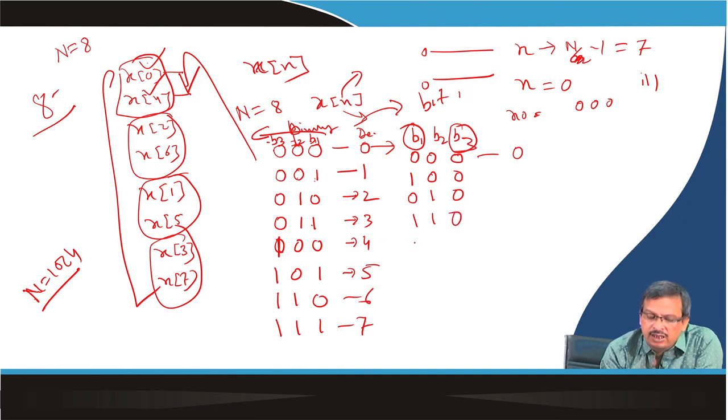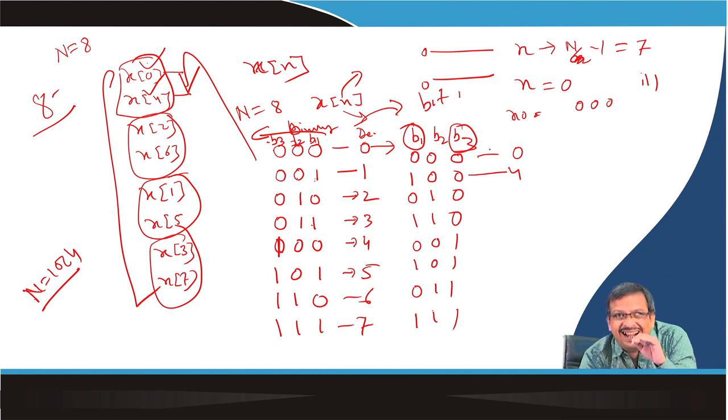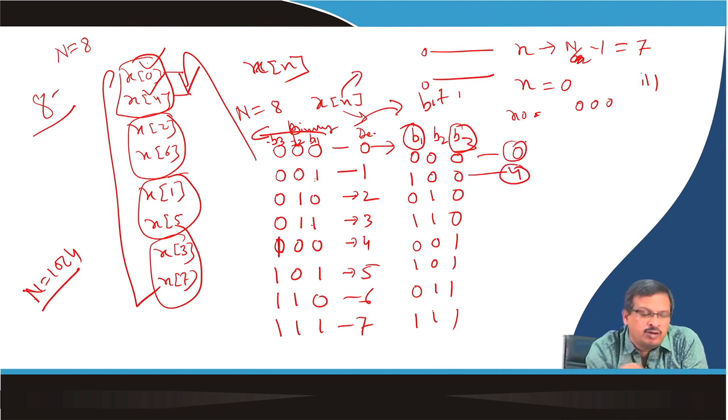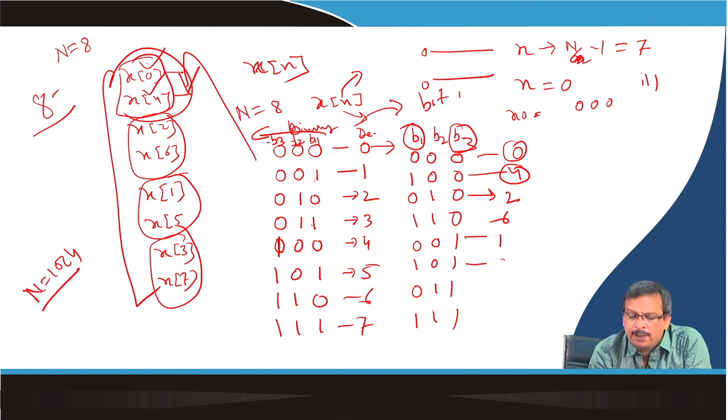Again 0 0 1, again 1 0 1, again 0 1 1, again 1 1 1. Now see the access: 0, 4. If I access the signal in index bit reverse mode, I get the 0th sample and the 4th sample which I required. Similarly, here the 2nd and 6th samples, here the 1st and 5th samples, here the 3rd and 7th samples.